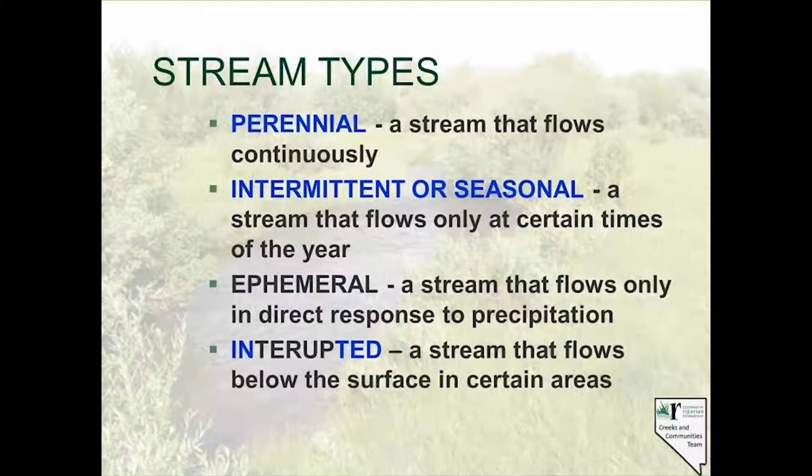And if you've got an interrupted stream that has perennial parts and ephemeral parts, you could use it on that part that has the water long enough to grow the riparian vegetation, but not on the dry parts of the interrupted channel where only occasional floods may flow.